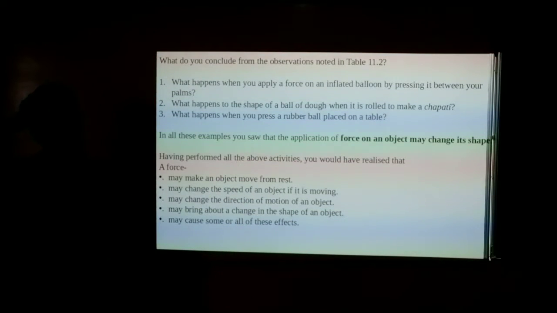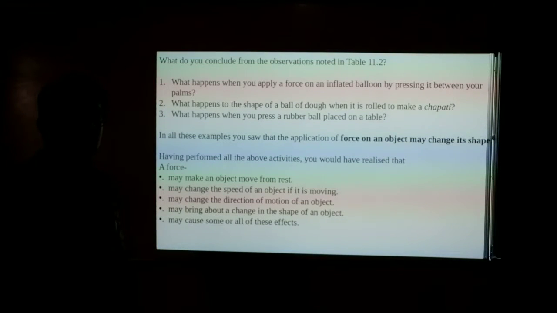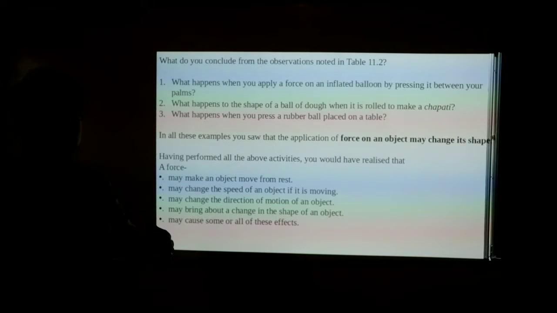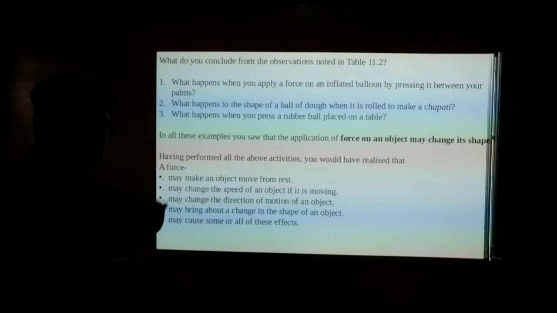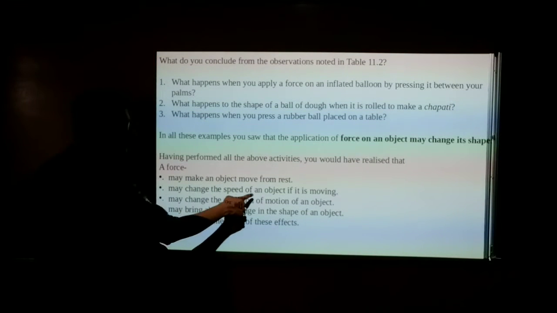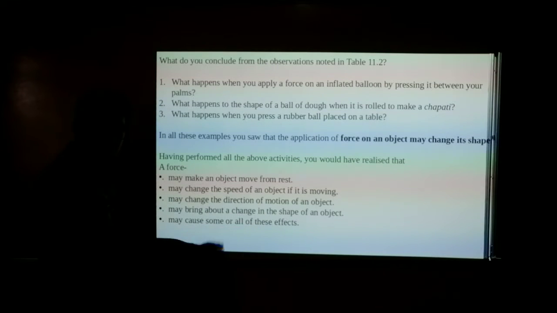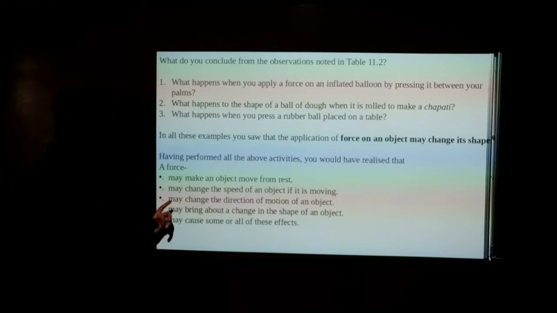If something is moving very fast and you are stopping it, like when you are riding a bicycle and apply the brake force, then the cycle will reduce its velocity and come to rest. So a force may change the speed of an object. You can increase the speed by applying force, and you can reduce the speed by applying force.